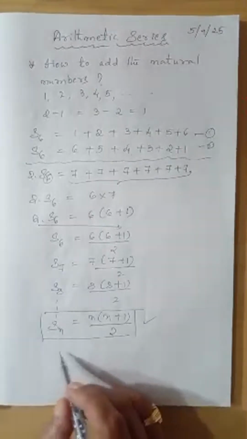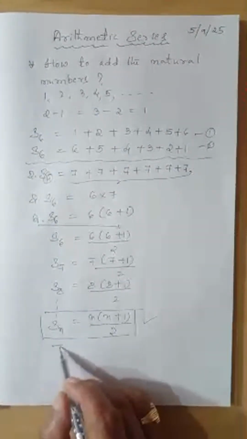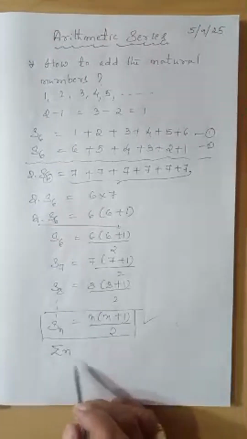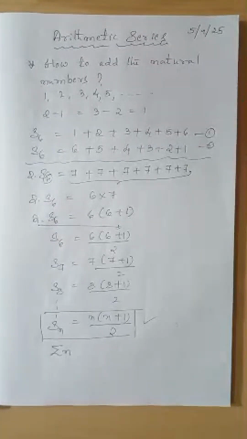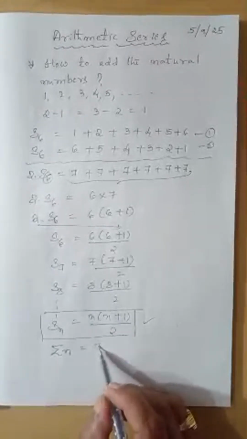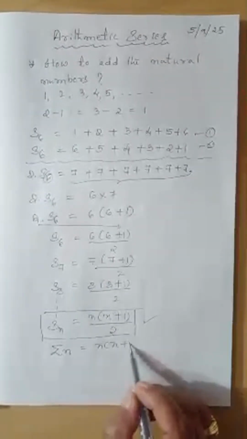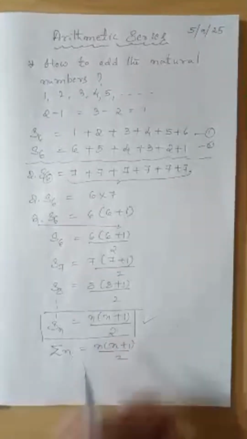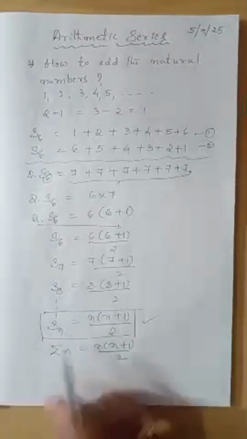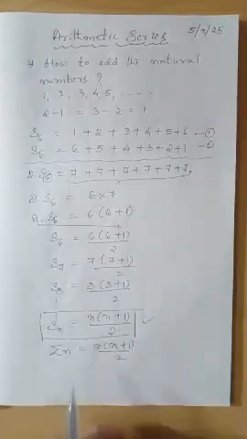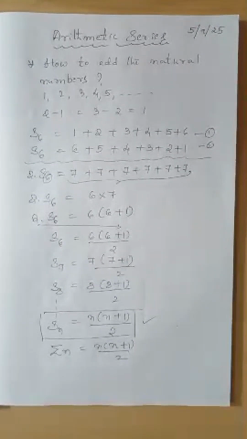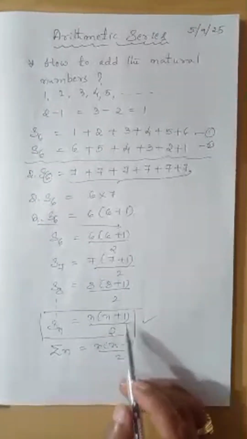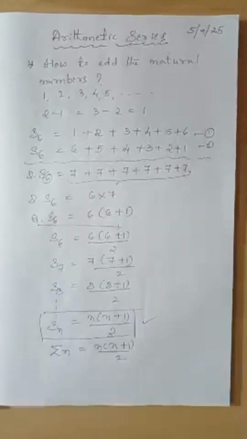In certain cases, for natural numbers, the sum is represented by sigma n, the sum of the natural numbers, and the right side is the same, n into (n plus 1) divided by 2. You may use either one. Sn means the sum of the finite terms, sigma means the summation of the finite terms. Both are correct, and it is easy to remember.